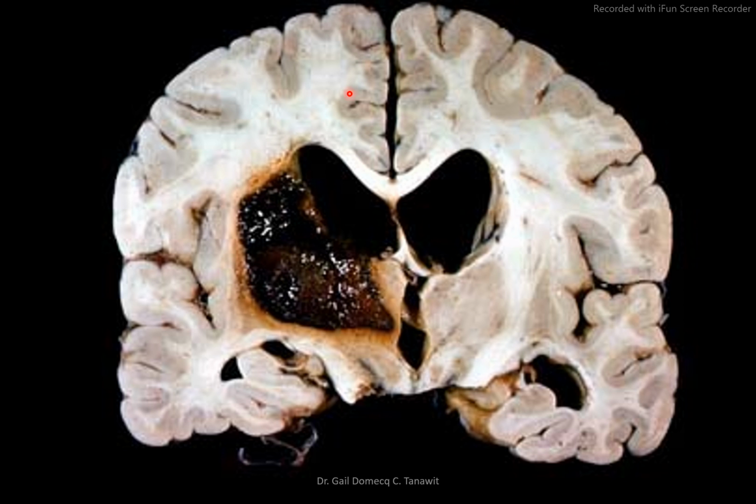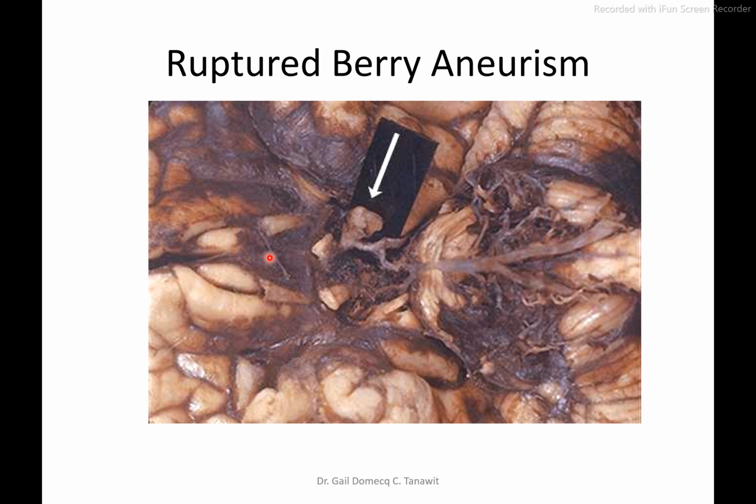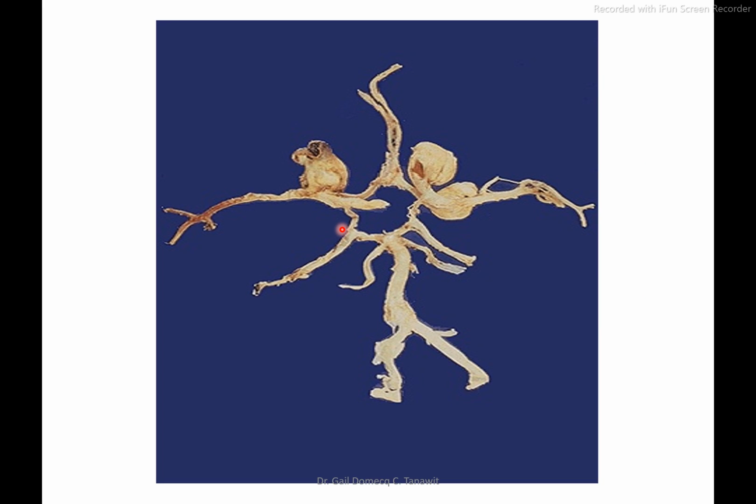Okay, this is another hemorrhagic stroke, more or less in the middle cerebral artery. Okay, this is a ruptured berry aneurysm. Pag yan pumutok, hindi na, lamay. Yeah, so this is your ruptured berry aneurysm. Ito nag-rupture na.